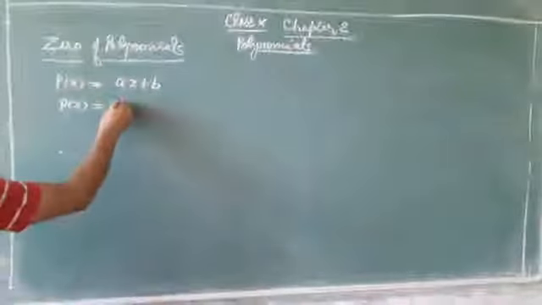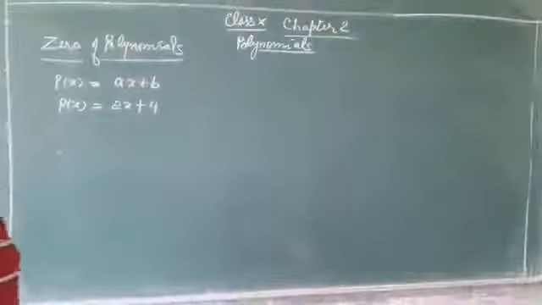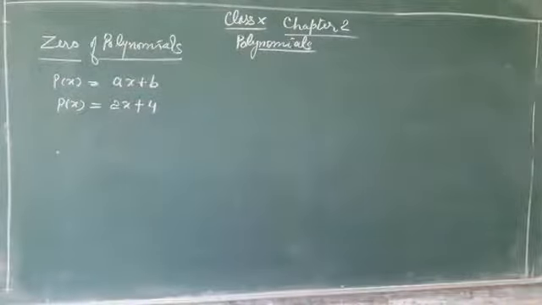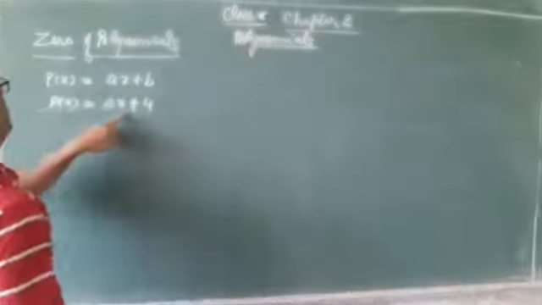So suppose that we assume 2x plus 4. We find the value of x at which this becomes 0.